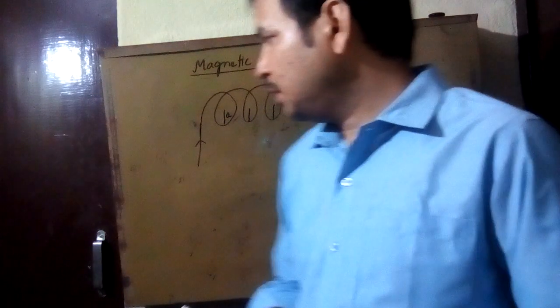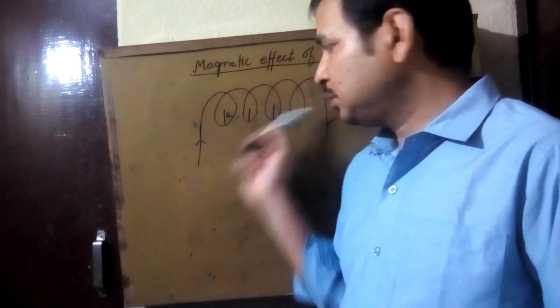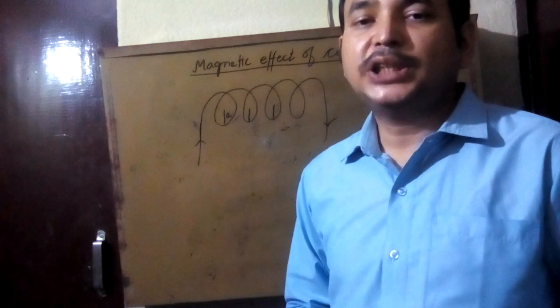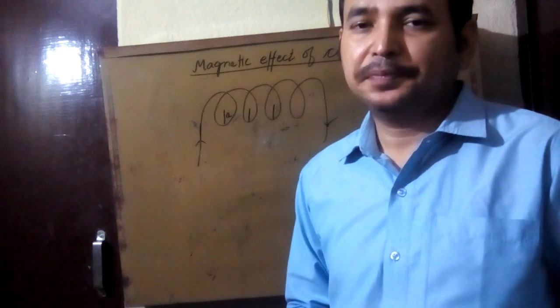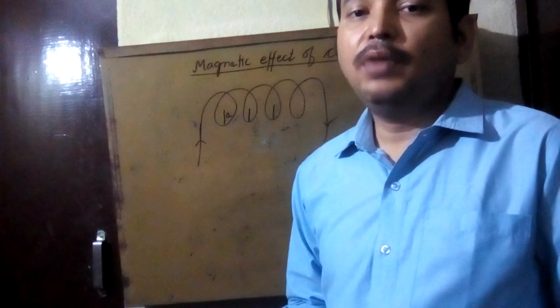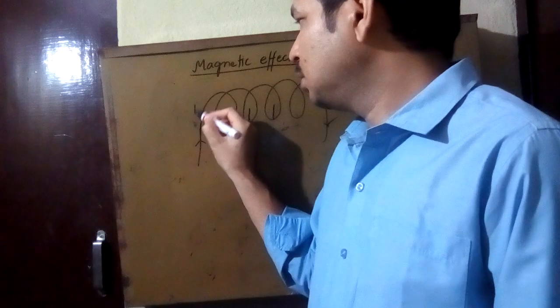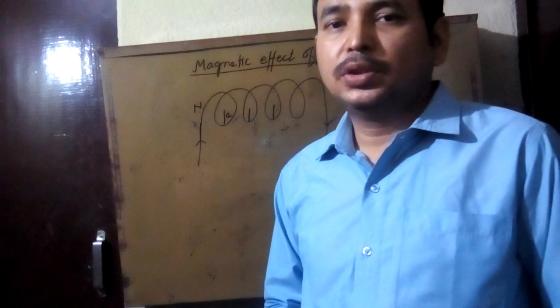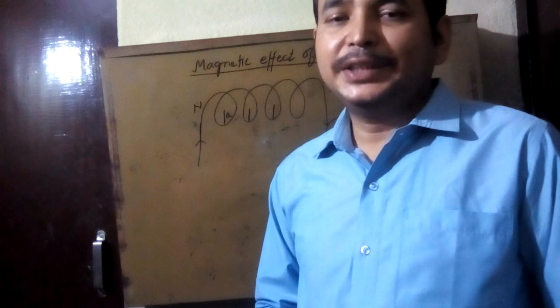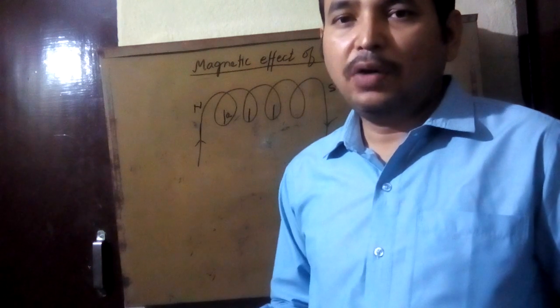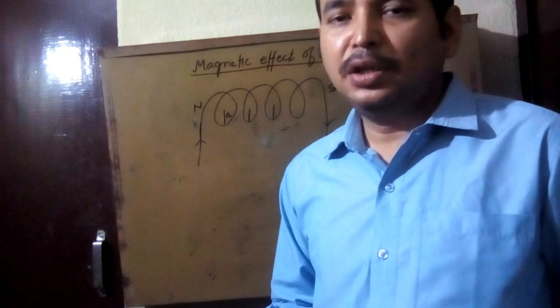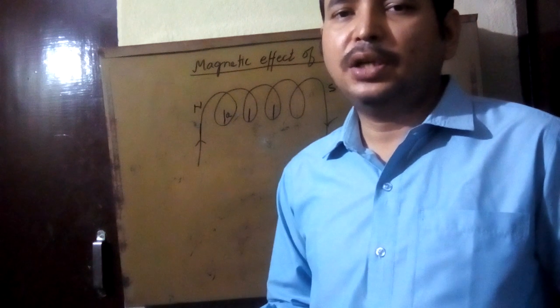Now it is seen that when current is passed through a solenoid, it starts to behave like a magnet. It develops 2 poles, one north, one south. How is it seen that it develops 2 poles?